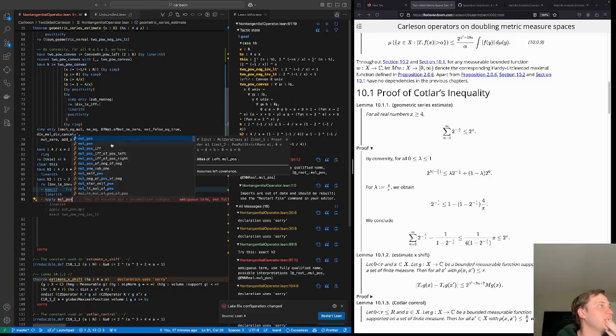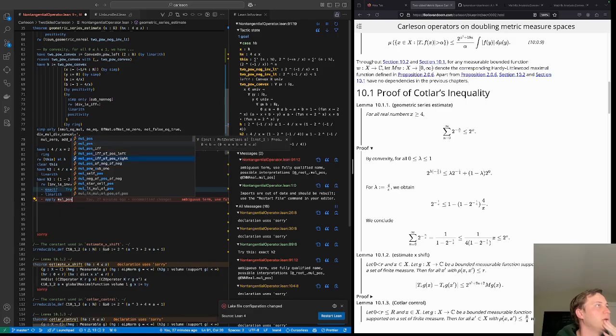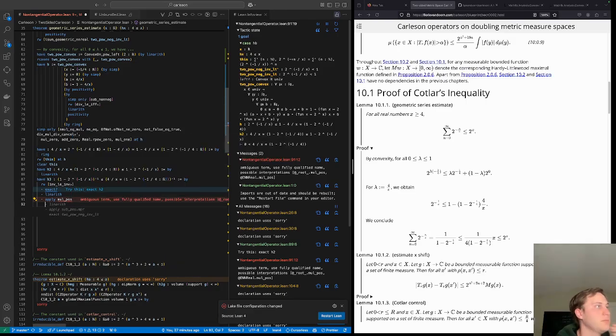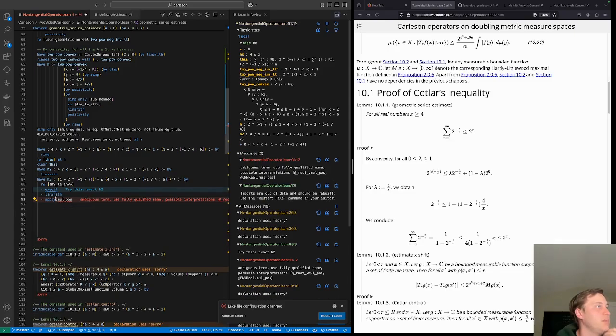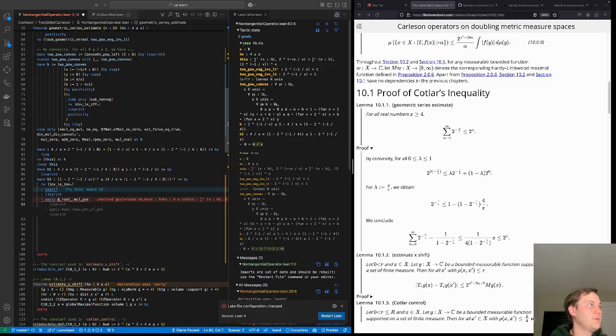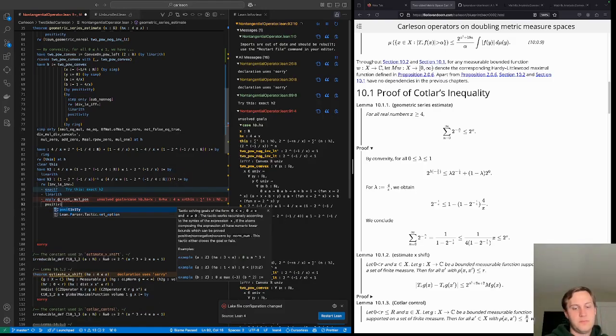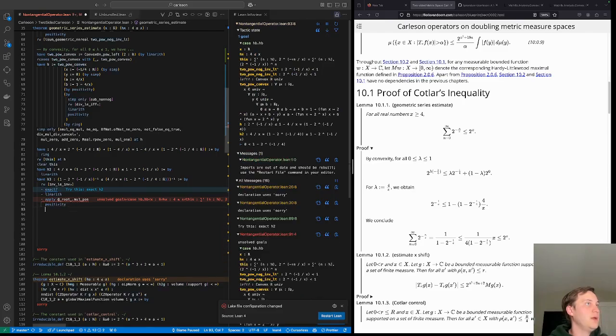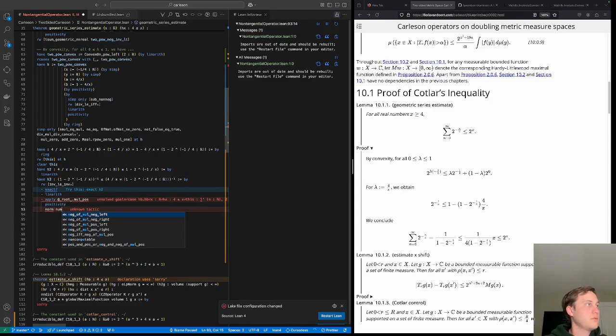And that looks like what I want. It's just this, right? Am I crazy? Ambiguous. Fully qualified name. Root. This is the one I want. I want the root one, please. Yeah. Now positivity. And norm_num. Does that work?